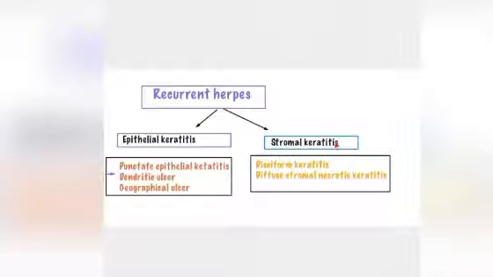In stromal keratitis, you can see deciform keratitis and diffuse stromal necrotic keratitis. So first we'll see one by one of epithelial keratitis, then we'll go into stromal keratitis. So first we'll see the punctate epithelial keratitis.